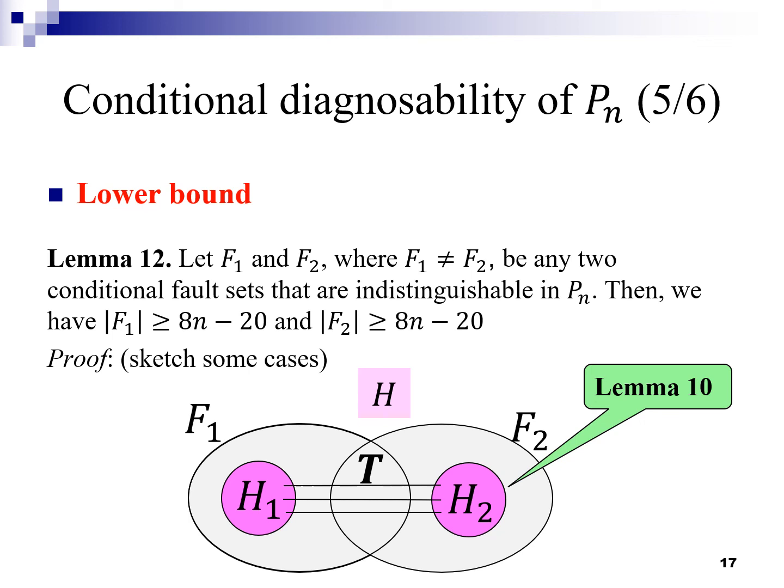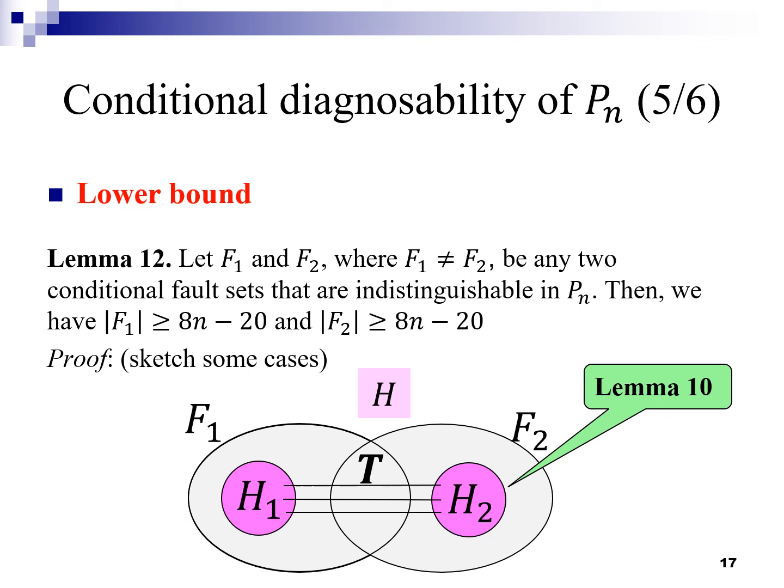Then we only need to prove that the sizes of F1 and F2 are both at least n minus 20. To sketch the proof, we can consider the intersection of F1 and F2, denoted by T. So here we can consider the size of T. If the size of T is big enough, then the size of F1 or the size of F2 is bigger than n minus 20.